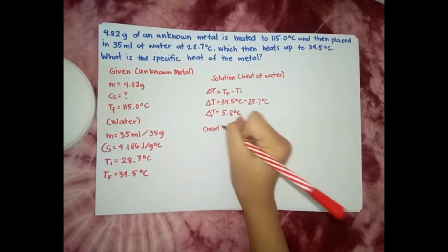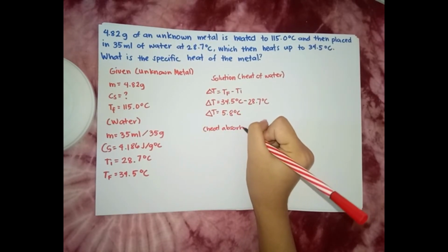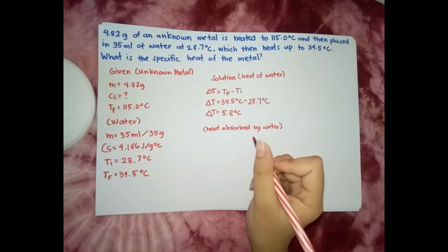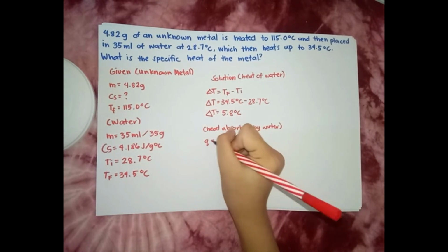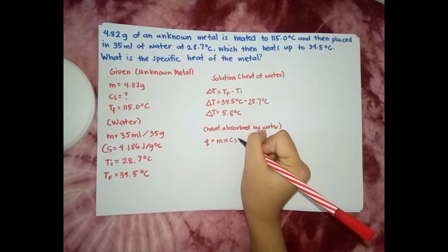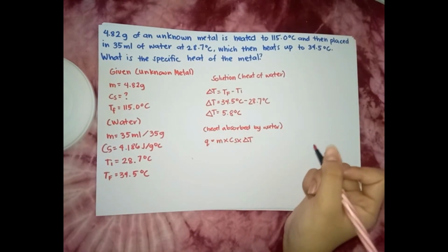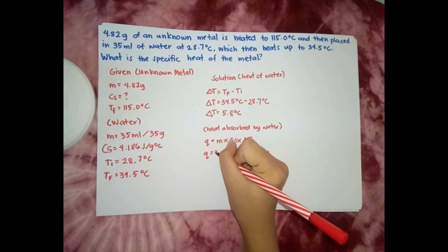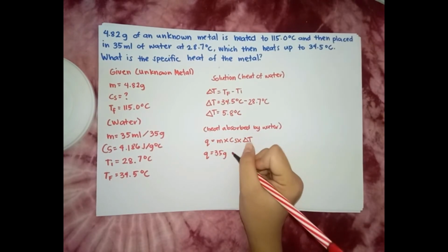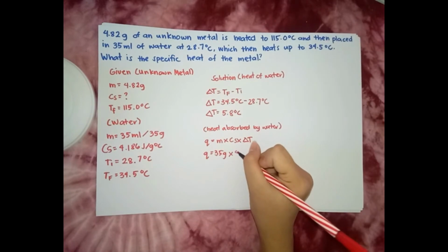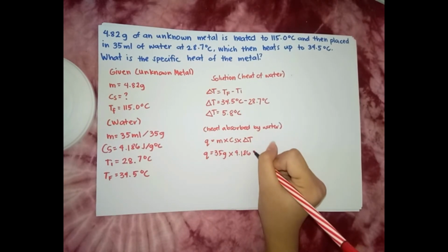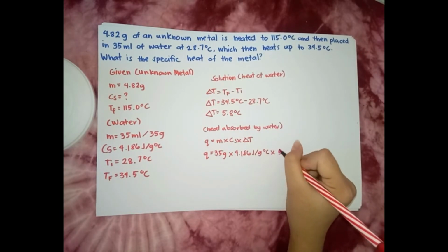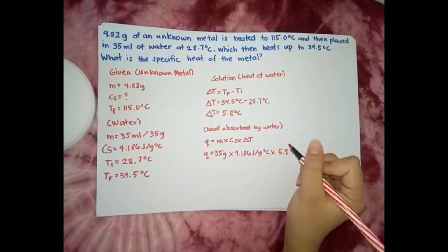So we're going to use the solution Q equals M times CS times delta T. We have here Q equals 35 grams times 4.186 joules per gram per Celsius multiplied by 5.8 degrees Celsius.